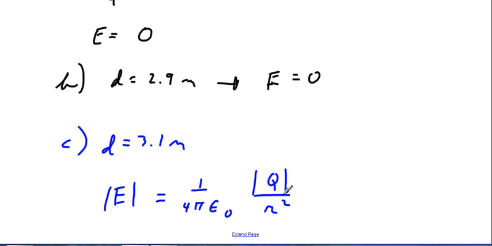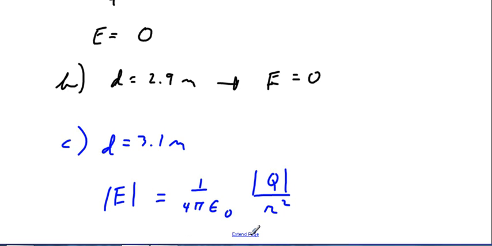Let's see if I can show you where that came from. There's no equation number for it, but it's on page 595, around 3/4 of the way down the page. If R is greater than R naught, then that means I'm outside the sphere, and I use that equation.